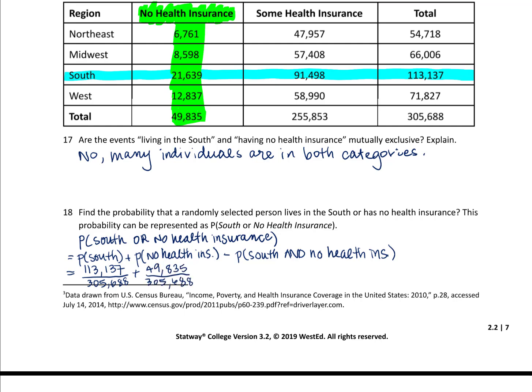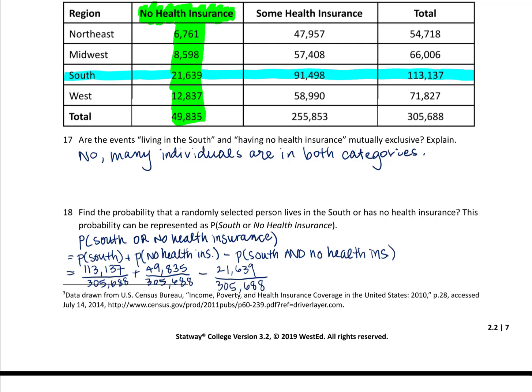Lastly, we need to subtract off the probability of South and no health insurance. This is a joint probability, so we're going to look at the intersection of the categories. The joint probability of South and no health insurance is 21,639 out of the grand total 305,688.